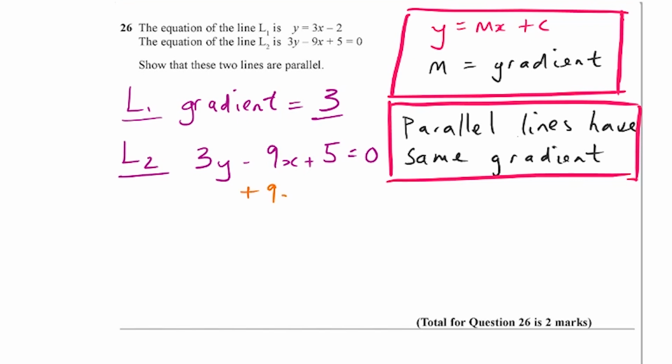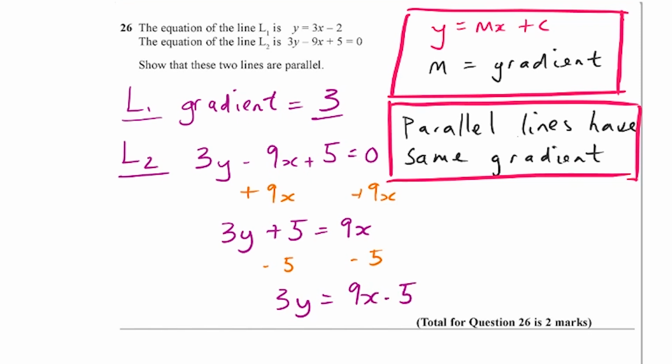So if we add 9x, first of all, to both sides, on the left-hand side we end up with 3y plus 5, and on the right-hand side we end up with 9x. Then let's remove that 5, so let's subtract 5 from both sides. So we end up with 3y is equal to 9x minus 5.